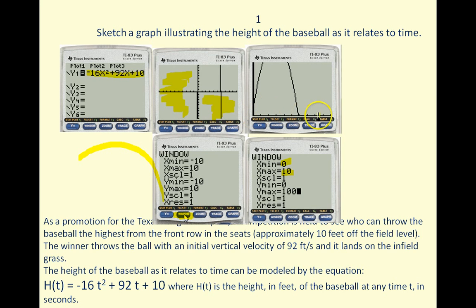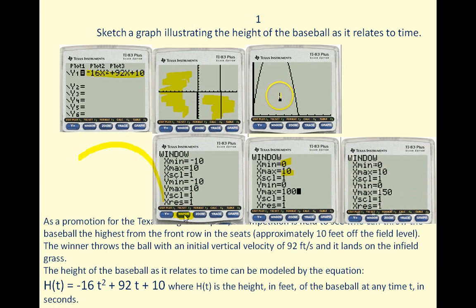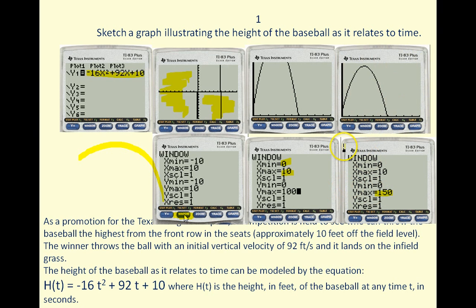X-min and x-max are good. Y-min is good. It's our y-max that's the issue. So I'm going to make it a little larger. Again, I don't know exactly what that will be, but I thought 150 for our y-max. If you'll notice, I put that in. That's the only thing I changed there. And that gives me a good representation of what's going on with the ball as it relates to time.